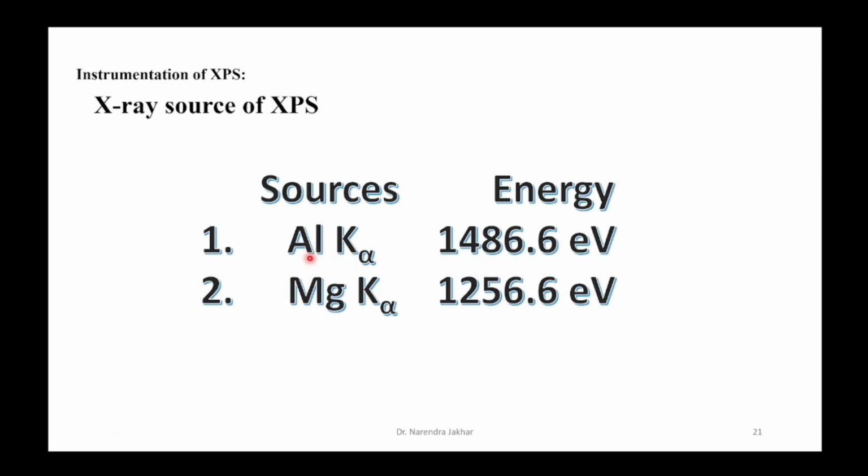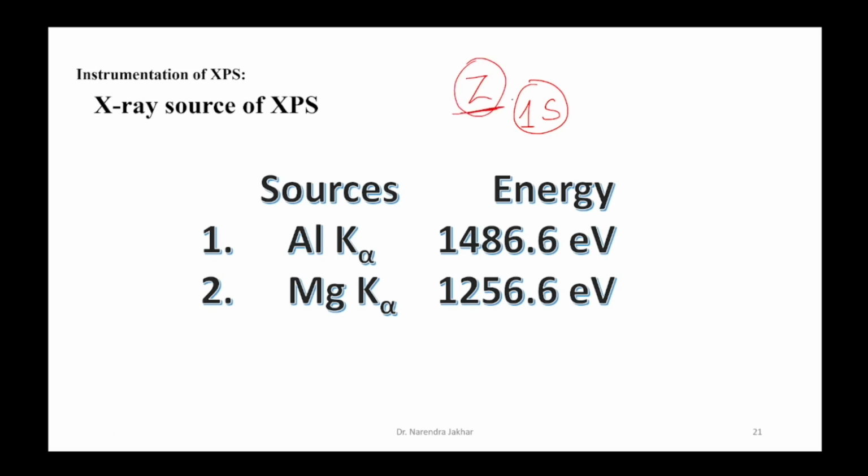So again, here we cannot detach the electrons whose binding energy is more than 1486.6 electron volts. So sometimes we will not be able to get the 1s electrons of a few elements.